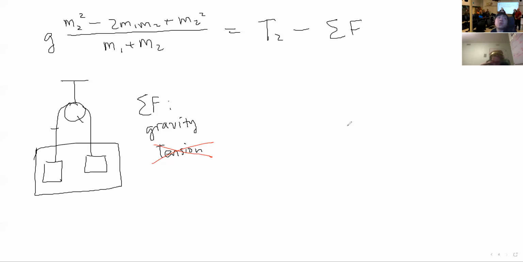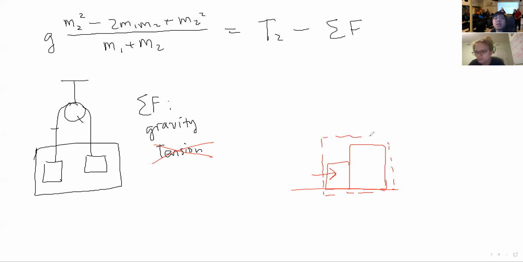So for example, if I were pushing on two boxes, and I applied a force to this first box, and I considered the system to be these two boxes, but not counting the hand that I used to push it, then of course there are going to be forces acting from one box to the other.